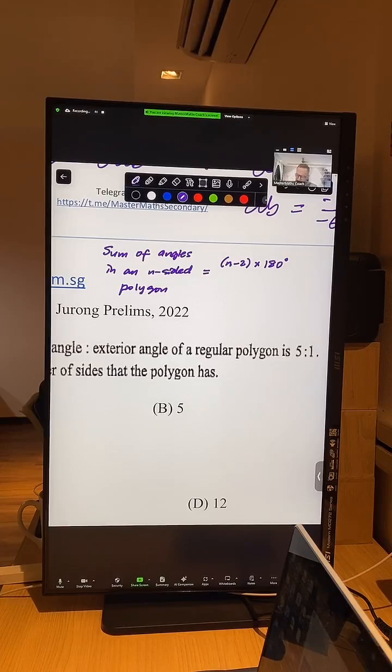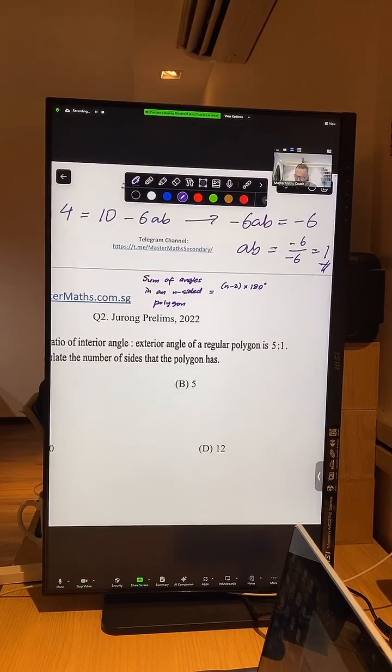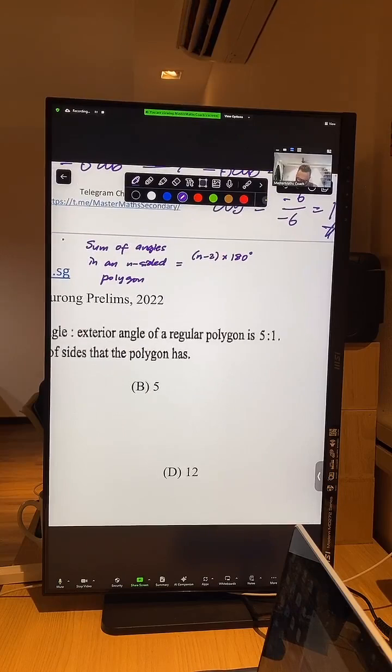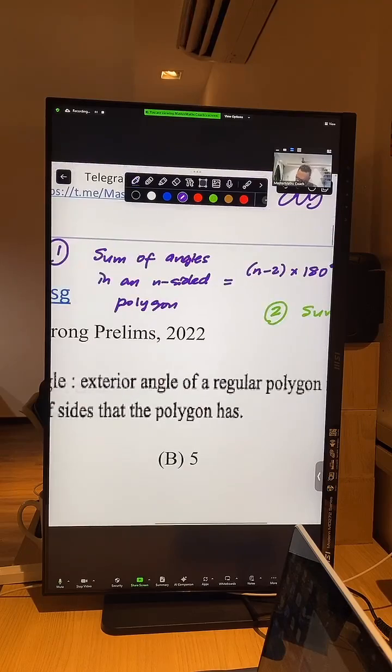Okay, now there's this other formula that you need to know besides this. So this is one formula. I'll label that as 1. The other formula you need to know, maybe I'll use a different color for this one. This is the sum of interior angles.